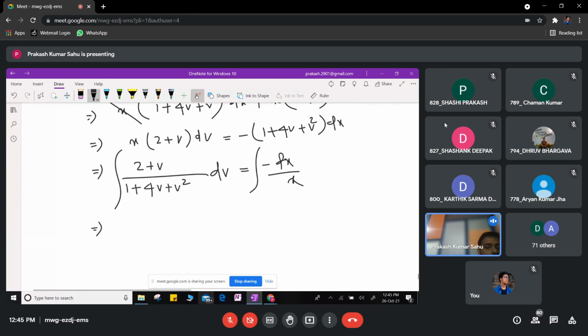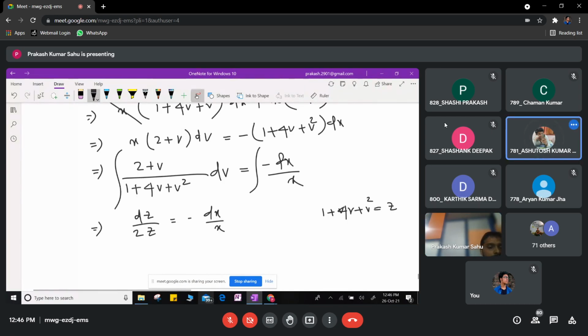If you substitute 1 plus 4v plus v square as z, then you get dz by 2z is equal to minus dx by x. Is it correct? Yes sir. Then if you integrate, you get half ln z is equal to minus ln x plus c.